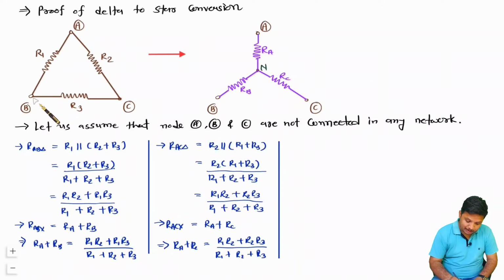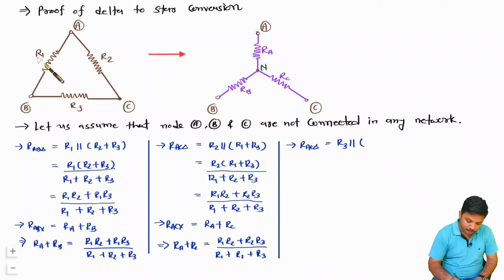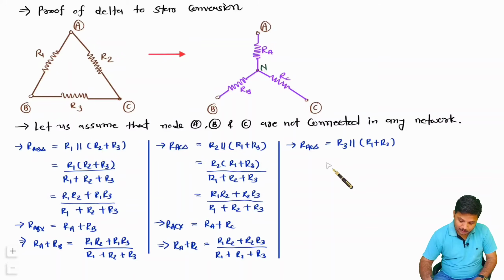Now I'll calculate equivalent resistance in between terminal B and terminal C. That is the parallel combination of R3 with the series combination of R1 and R2. So RBC in delta will be R3 in parallel with the series of R1 and R2, so R1 plus R2. So this is R3 into R1 plus R2 divided by R1 plus R2 plus R3.